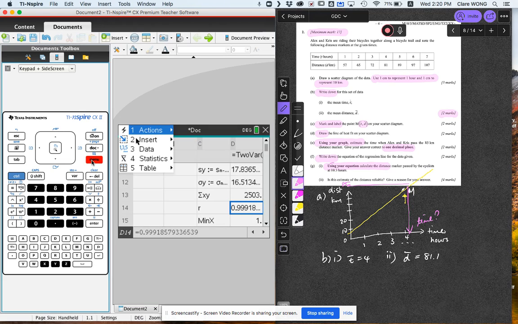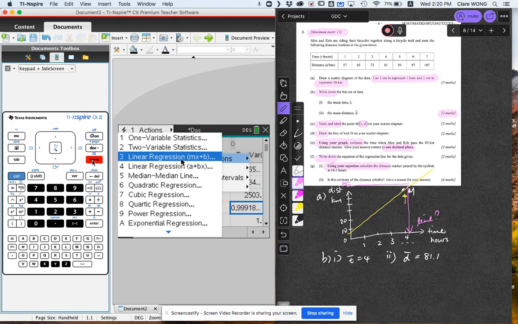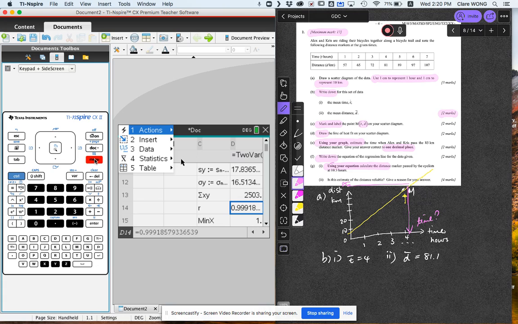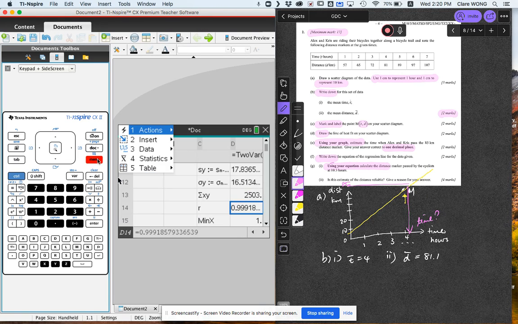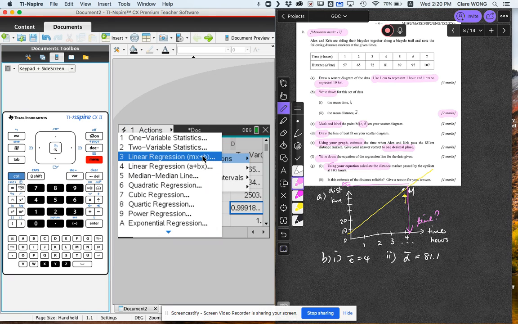So here you need to go back to menu statistics. Now I know in the previous question I asked you to use statistic and stat test and go to linear regression t-test. But actually the faster way should be statistics, stat calculation, and go here, linear regression mx plus b.